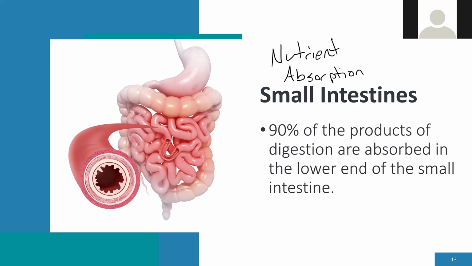So that last little bit of segment, right? Earlier on, higher up in the small intestines, is the bile and pancreatic enzymes that are still helping to break down foodstuff into those smaller micronutrients, right? Once we get down to the lower end of the small intestines, that's where the magic is happening.